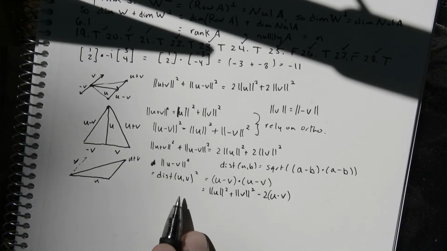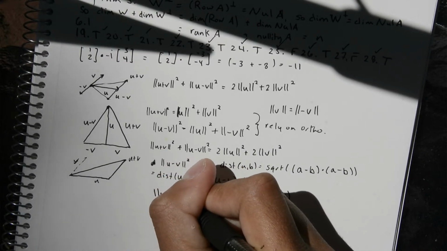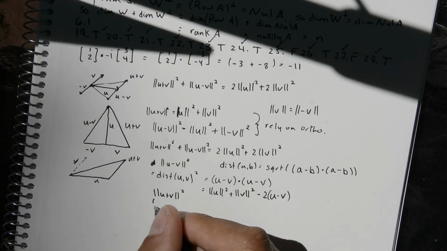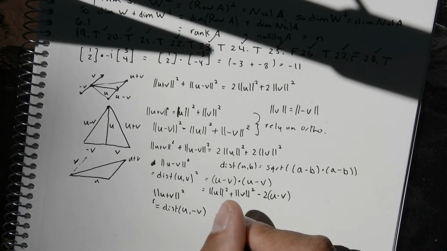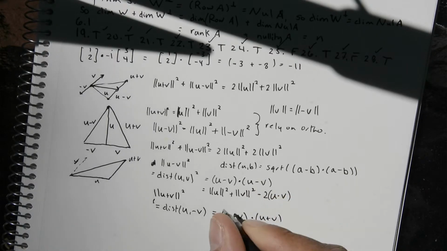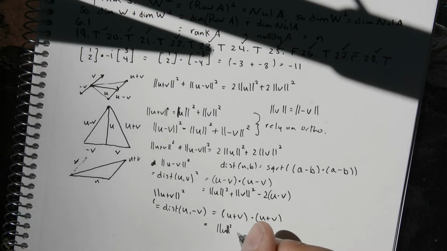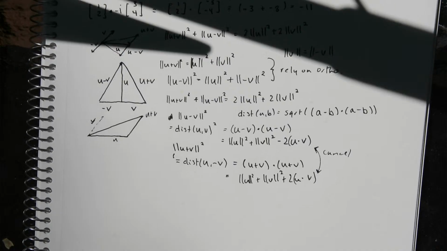Now if we do U plus V squared, this is effectively the dist of U and minus V. So we get U plus V dot U plus V, which is equal to U squared plus V squared plus 2 U dot V. And then these two cancel, and then you're just left with what we had. Okay, so we just did the parallelogram law.